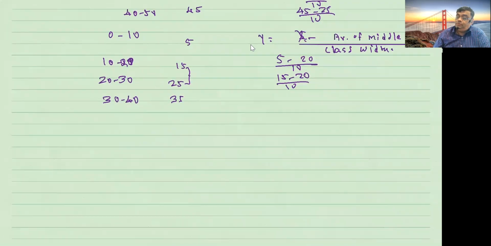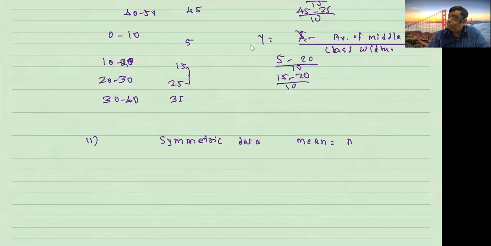Good. Then remember, for as an 11 point, for symmetric data, mean equal to mode equal to median.